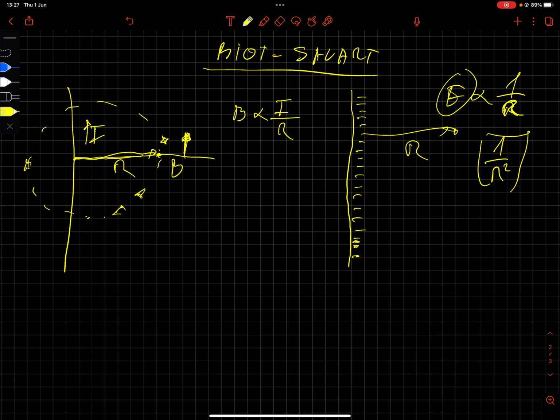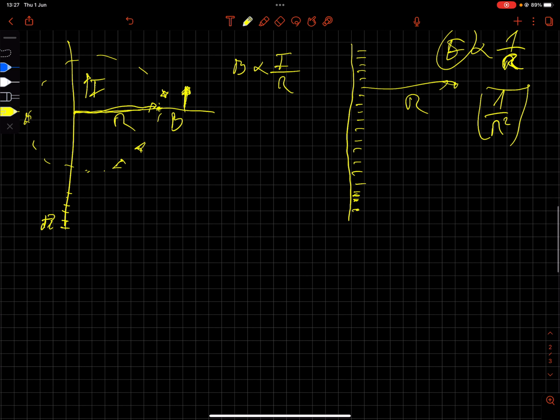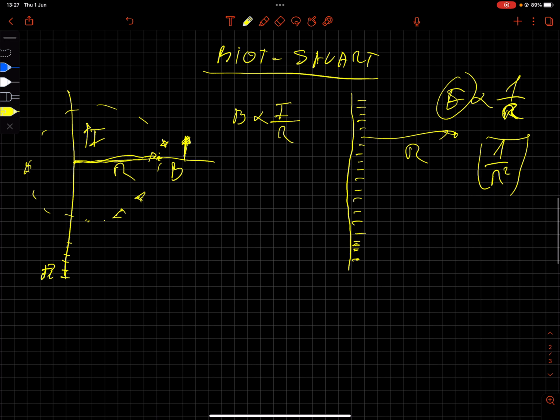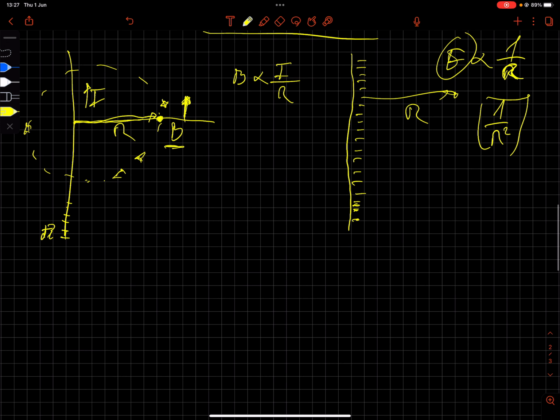But let's think a little bit. What we can do is cut this wire into small pieces, let's say dl, and imagine that we have small magnetic monopoles which each contribute to the final magnetic field at this point.